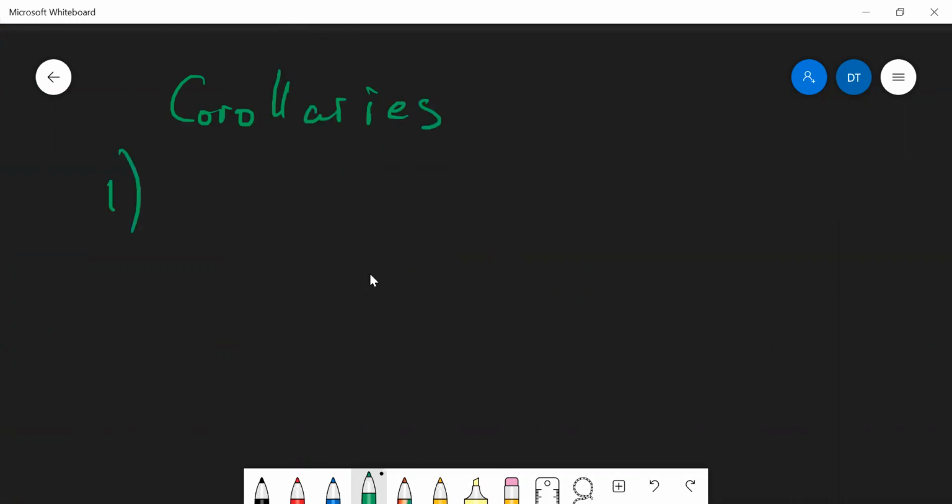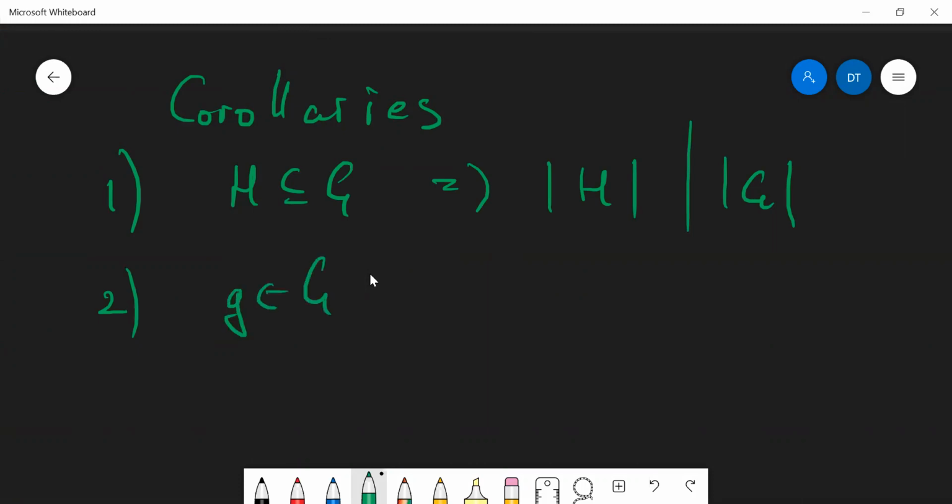Corollary number one: if we have a subgroup, then its order, the number of elements of the subgroup, divides the number of elements in the group. I'll always assume the conditions of the Lagrange theorem: G is a group, H is a subgroup, and G is finite.